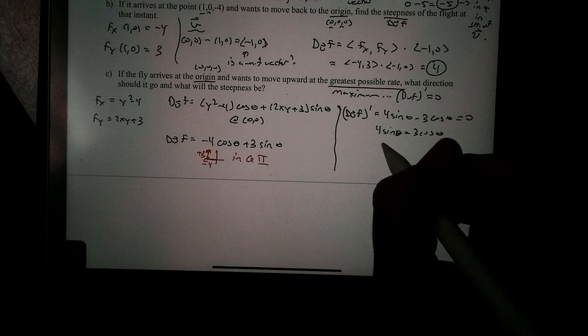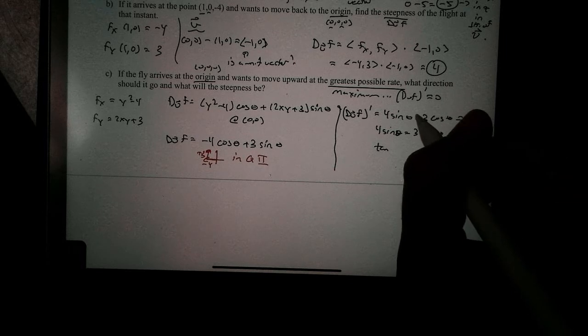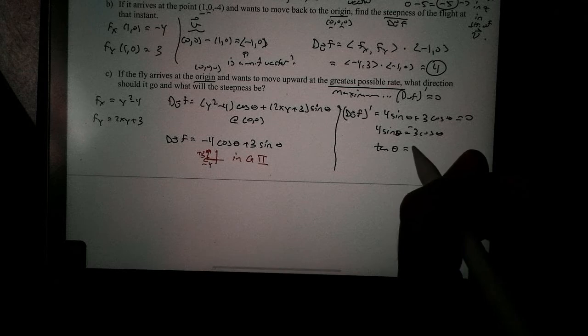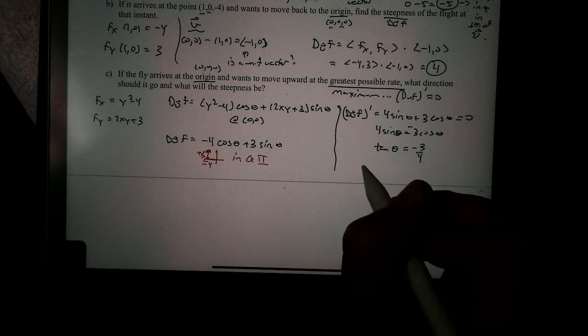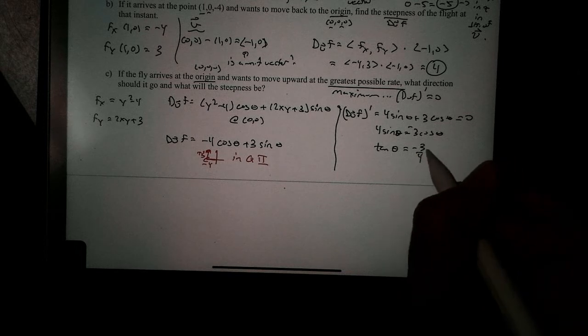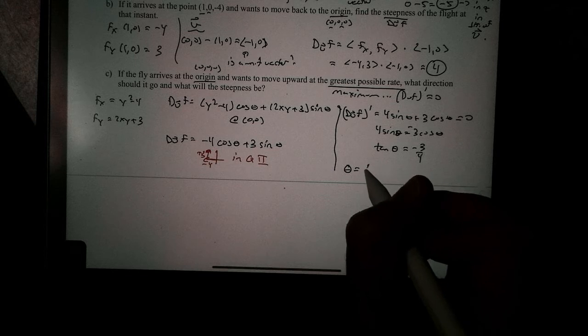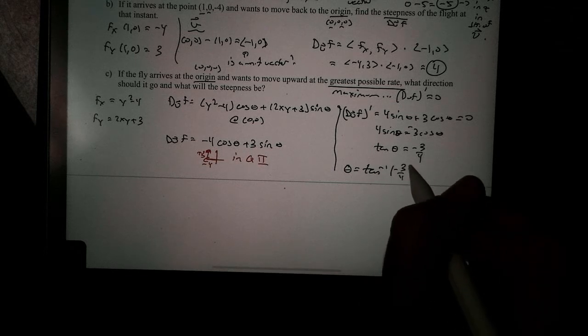Whoops, that should be a minus. So in other words, we would get the tangent of theta equals -3 over 4. So there's almost our direction. To get the direction, solve for theta. We would get the inverse tangent of -3 over 4.